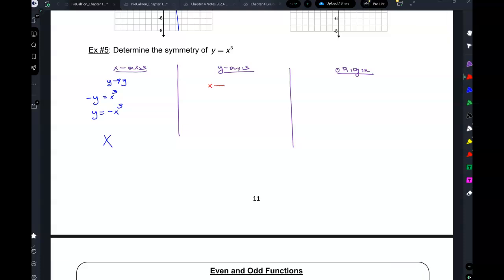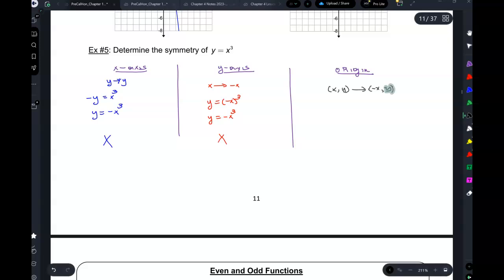Here, make x negative x. So y equals negative x cubed. And when you do the operation, y equals negative x cubed, that's also not the same function. Here, you want to make x and y into negative x and negative y.